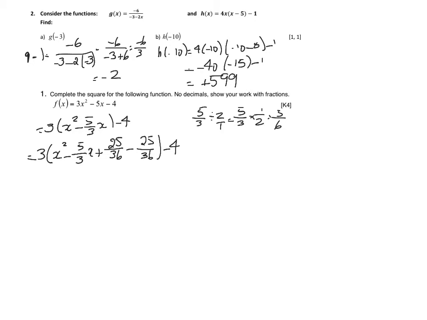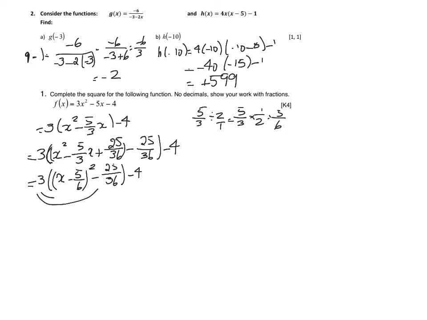But now if I put a bracket around the first three terms, this is a perfect square, so I can write it as 3 times ((x minus 5 over 6) squared minus 25 over 36) minus 4.